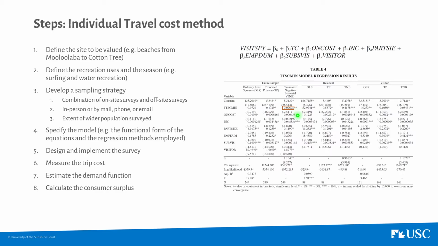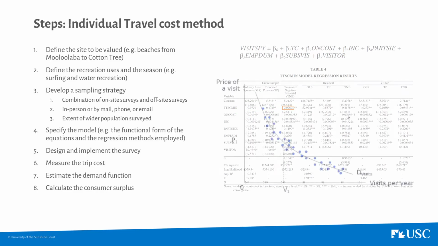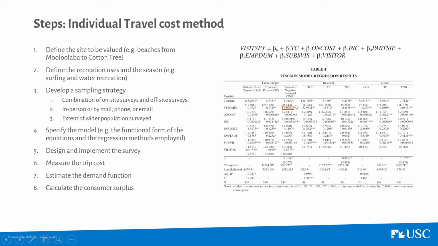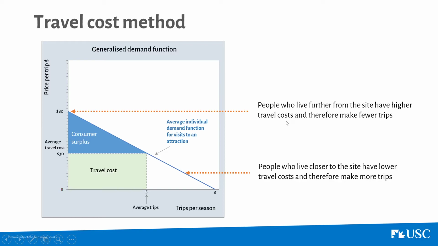So that negative relationship is saying, the higher the travel costs, the fewer the visits, and that's exactly what we would expect. We can use that coefficient as a slope estimate of the demand curve, and we can then construct this demand curve for our representative population.